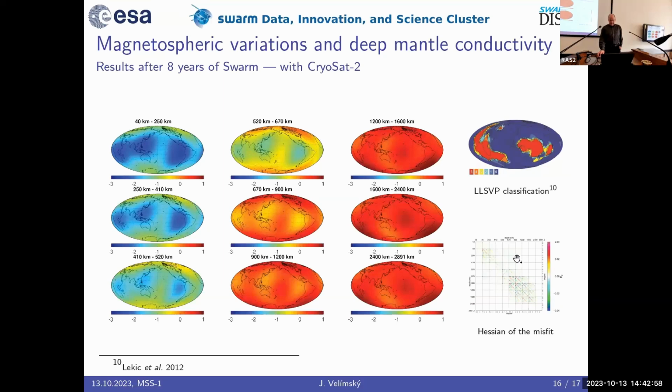And these larger values start basically at the top of the lower mantle at 670 kilometers, down to something like 1800 kilometers. So this is the area where we have significant sensitivity of the data to the conductivity variations. This is our focus. It will be much more difficult to get really down to the D double prime, just above the CMB, to see the details. That sensitivity is decreasing.